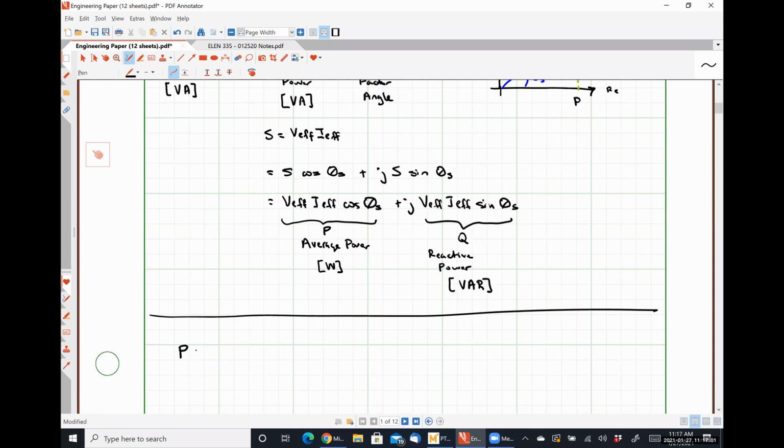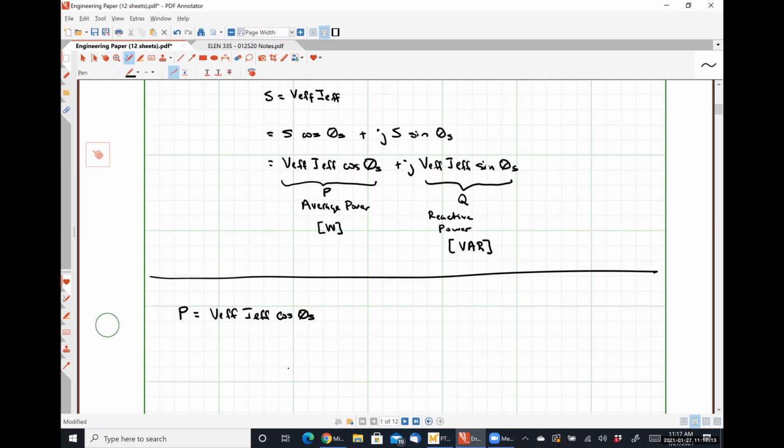So we know that our average power P is equal to V effective times I effective times the cosine of theta s, which we could rewrite as S cosine theta s.